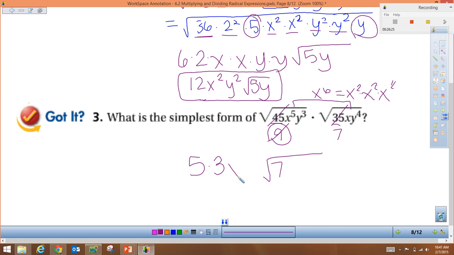So we know we can take x cubed out because there's 3 groups of x squared. How about the y's? We have y to the 7th here. Can't we take out y to the 6th times y to the 1st? So we know that that's 3 groups, and the y stays under.